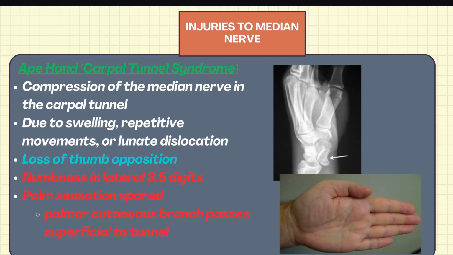Now, what does this carpal tunnel syndrome cause? It's going to cause loss of thumb opposition. So your hand is going to look like this, also called ape hand. Another thing that can happen is numbness in your lateral 3.5 digits. However, your palm sensation is going to be spared because the palmar cutaneous branch passes superficial to the carpal tunnel, and it does not run through it.